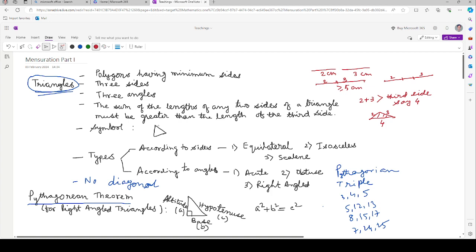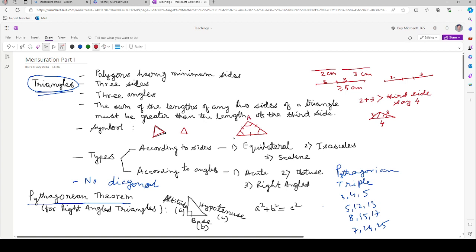The symbol of a triangle is like that. Okay. So up to this, we get that a triangle has three angles and three sides. One, two, three.